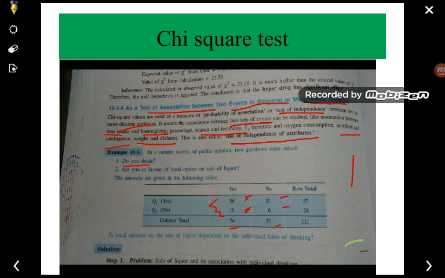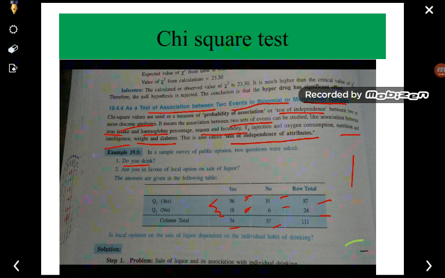So 56 plus 31, 87 people, say they drink, and 24 people say they are in favor of a local option on the sale of liquor.